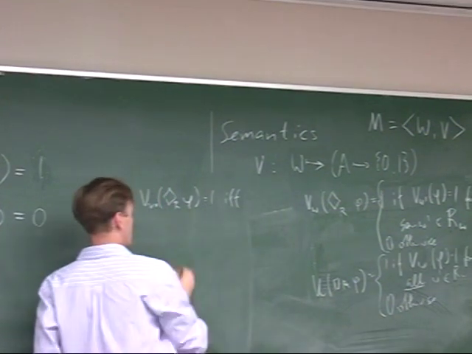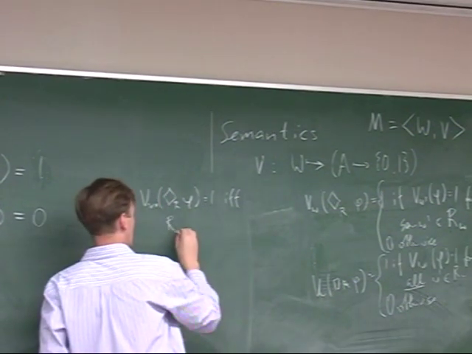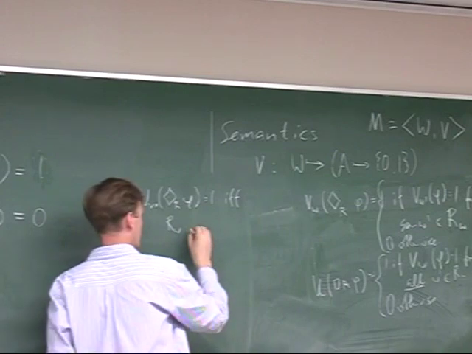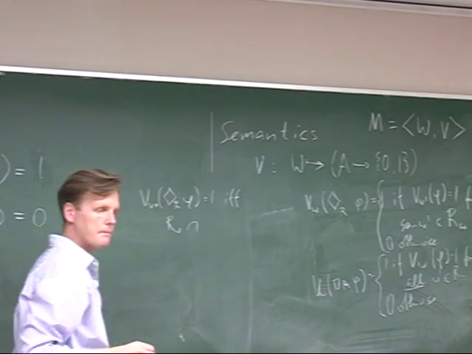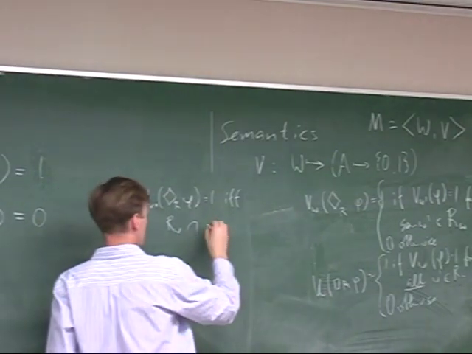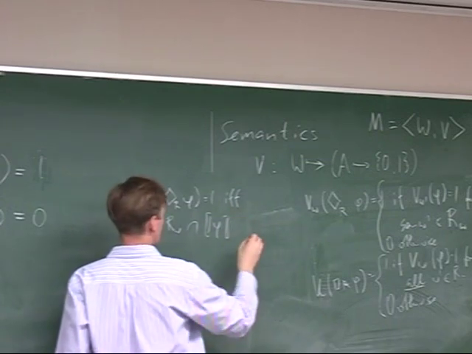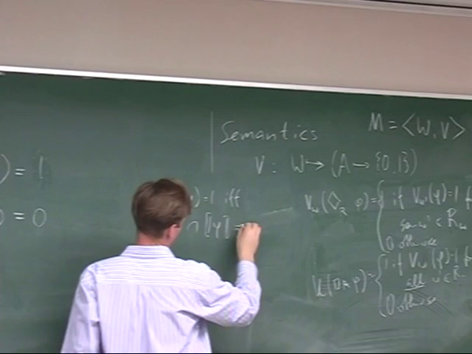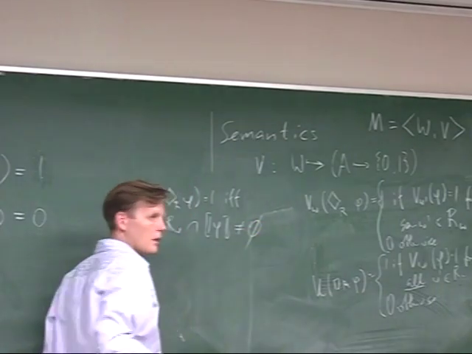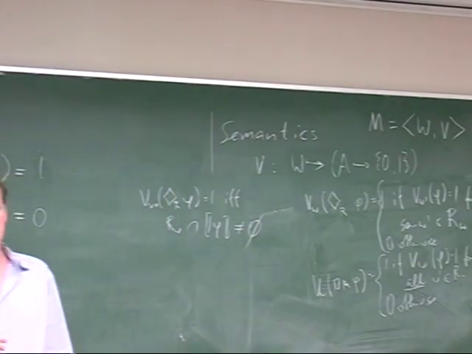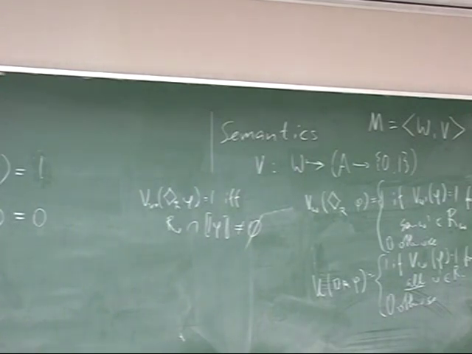If and only if RW, if you intersect RW with the denotation of phi, and you get a non-empty set, then "may phi" is true at W.